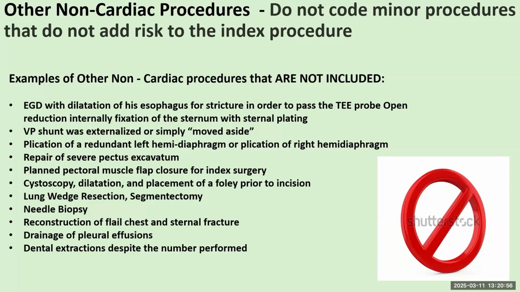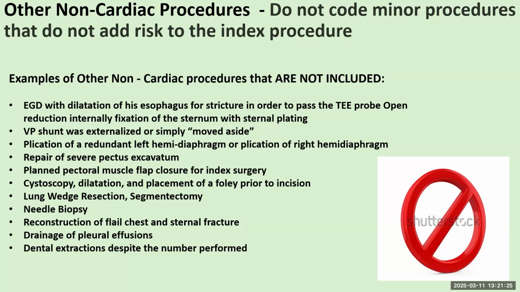Plication of redundant hemi diaphragms, either right or left. Repair of pectus. Planned muscle flap. Cystoscopy, so you can put the Foley in. Simple wedge resections, or just doing a little segmentectomy in the lung. We don't code those. Needle biopsies. Reconstruction of flail chest and sternal fractures.